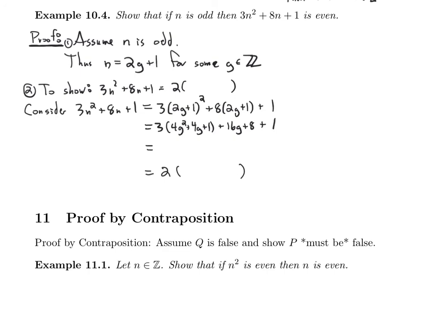So let's multiply this through. We have 3 times 4g squared is 12g squared. 3 times 4g is 12g. 3 times 1 is 3. And we have our 16g plus 8 plus 1.